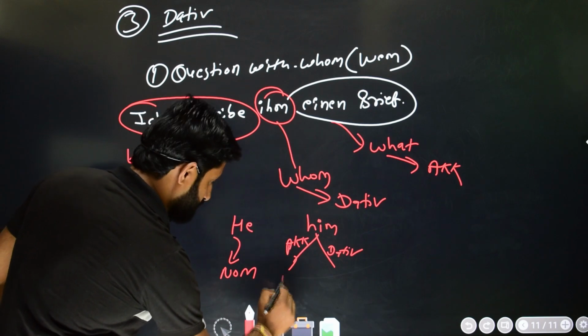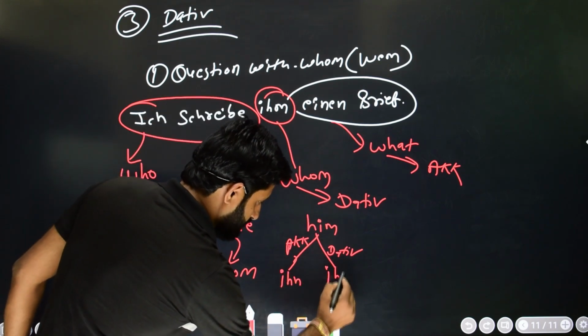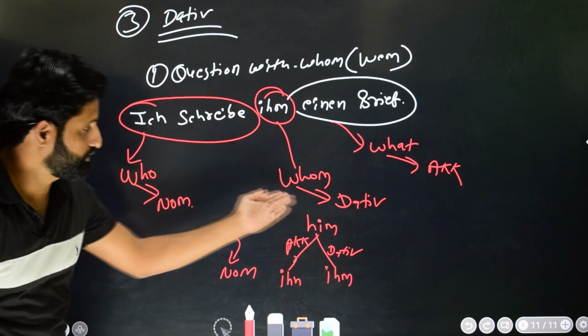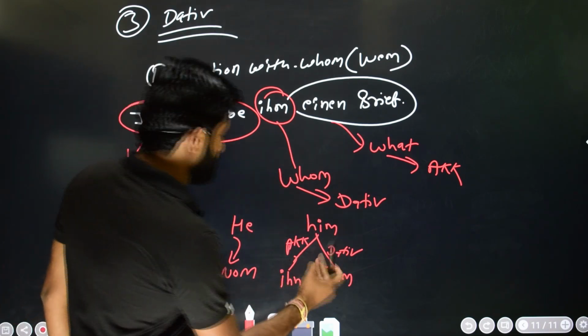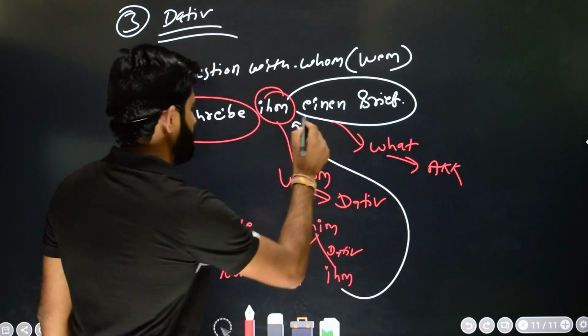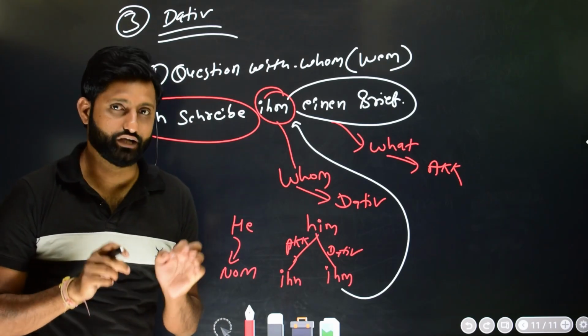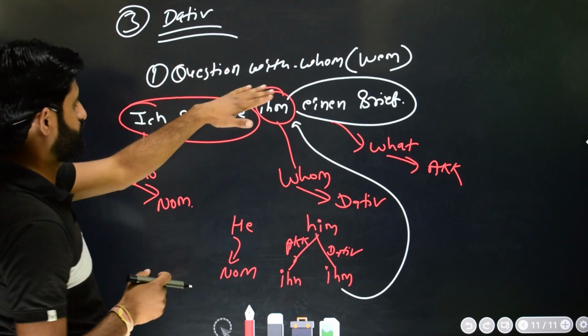So accusative will be ihn, and dative will be ihm. So which one do we need over here? We would need the dative part, because the question is with whom. That is the reason I have written here ihm. Ich schreibe ihm einen Brief. Was schreibe ich? Ich schreibe ihm einen Brief. So this was the first way, question with whom.